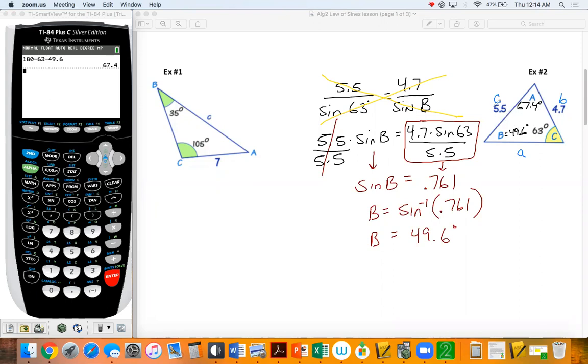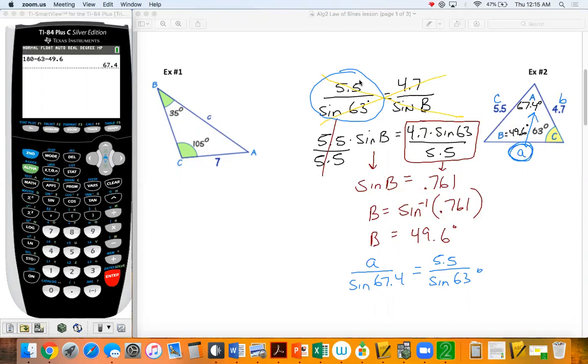So now the three angles are solved. They're all set. We have side c length, side b length. Now we need to find the length of little side a. To do that, we will do one more law of sines, and then this will be wrapped up. We're trying to find side a, right, my friends? So side a compares to the sine of the angle opposite it, which is capital A, which we now know is 67.4, and that must equal, let's go back to this relationship because it was true, 5.5, which was small c, compared to the sine of large C, which is 63.